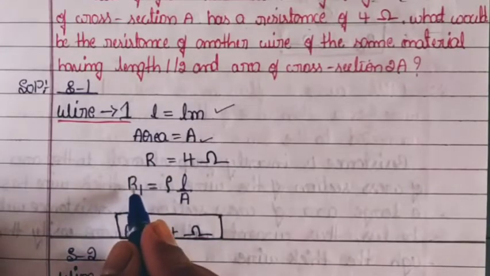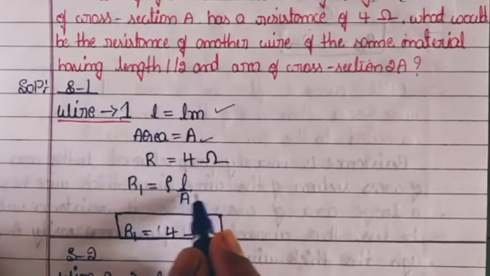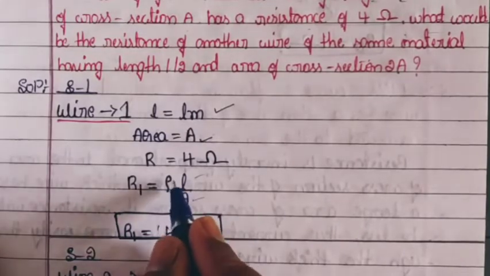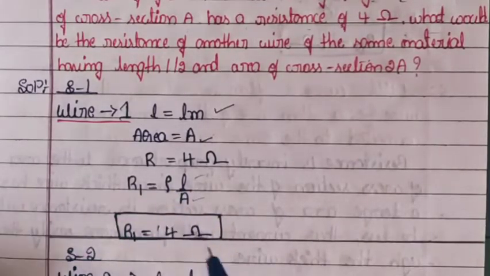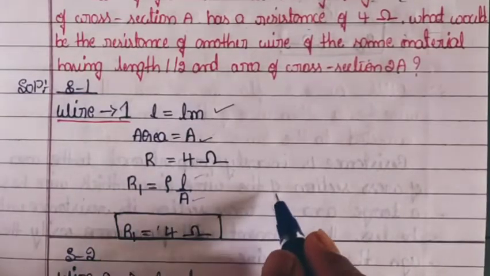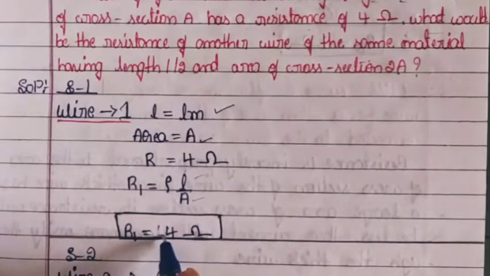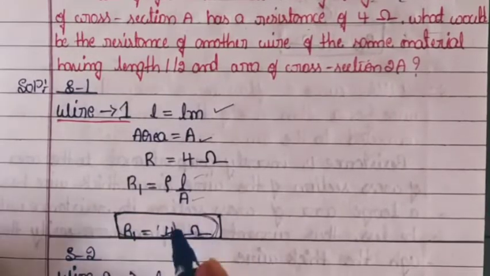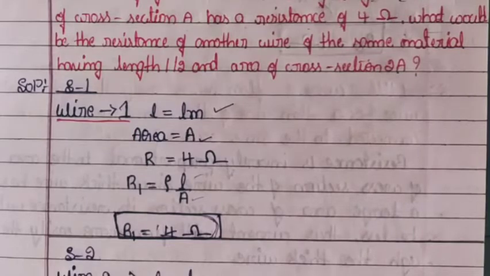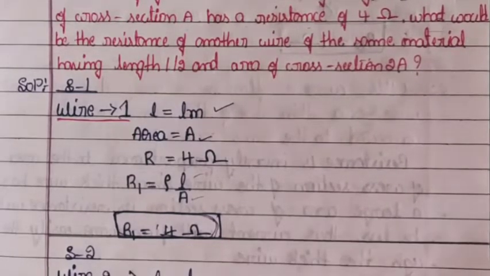We know that resistance is equal to rho into L by A. L is 1 and area is also 1, but the resistance of this conducting wire is how much? 4 ohms. So R is equal to how much? 4 ohms.